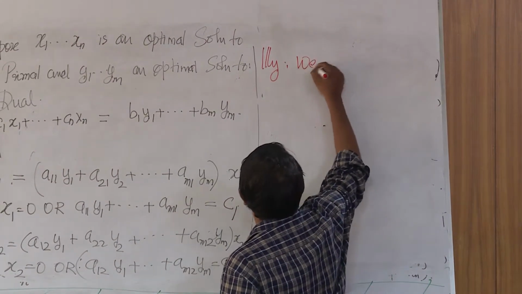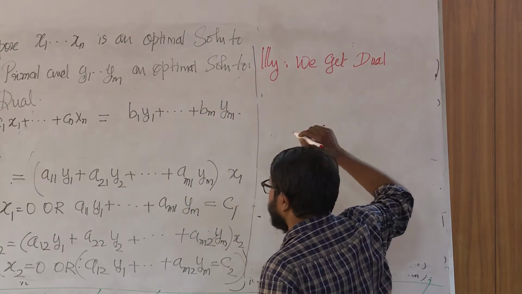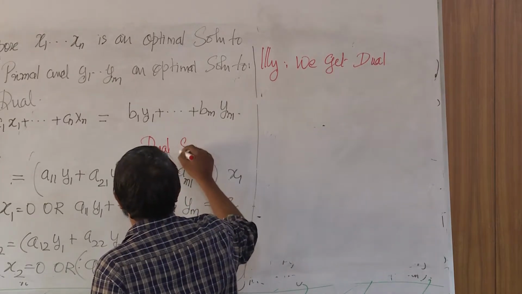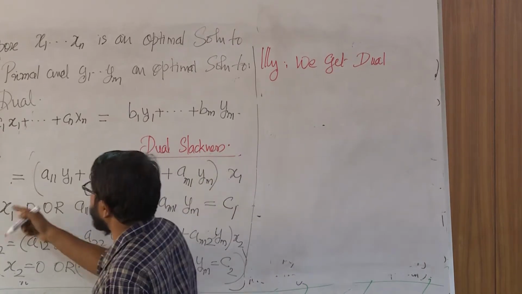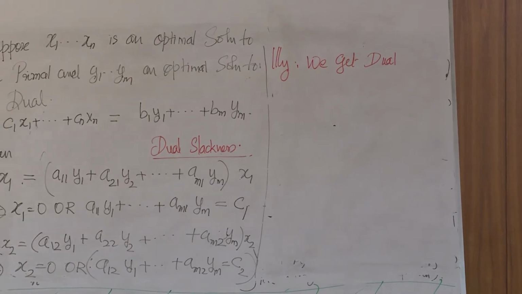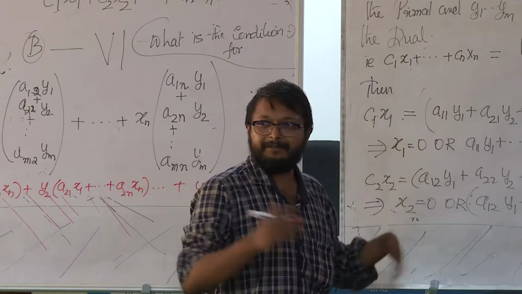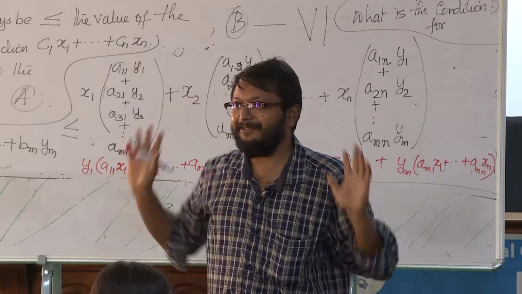we get dual conditions, sorry, these are known as the dual slackness conditions: either the dual variable is 0 or the primal equations hold. I do not know whether this is dual slackness or primal slackness. Somebody, what is primal, what is dual, I forgot.